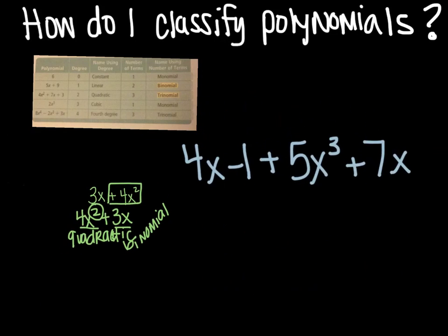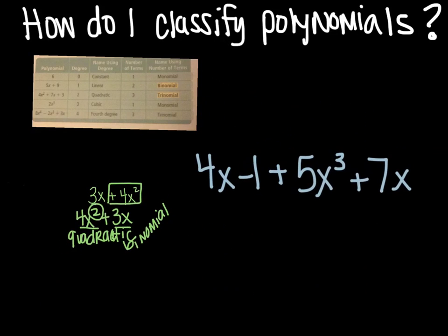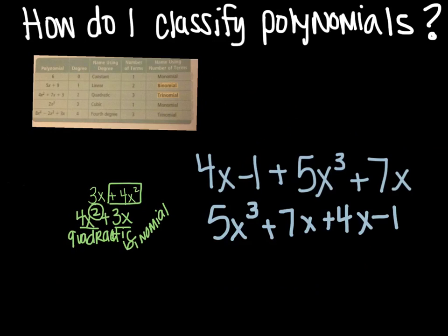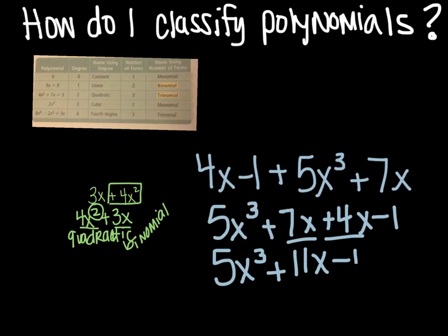And then this one here, first thing is you want to write it in standard form. So I have 5x cubed plus 7x plus 4x minus 1. And then you'll probably notice that you could combine these 2 like terms. So that will give us 5x cubed plus 11x minus 1.